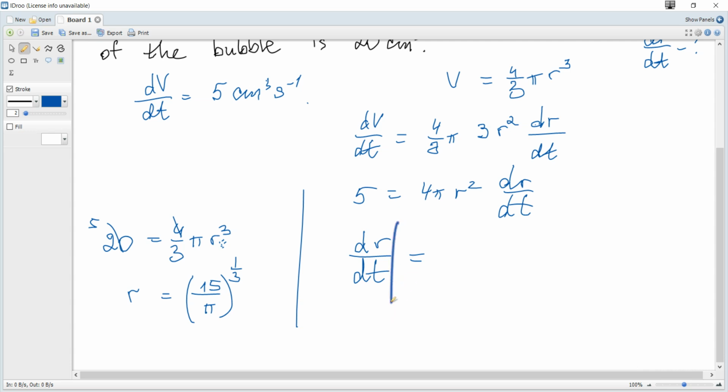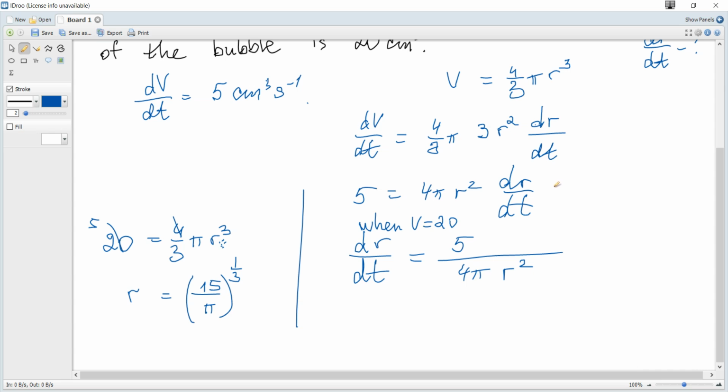It's not necessary, but you can write when V is 20, dr over dt, or something like that. dr over dt becomes 5 over 4 pi r squared.